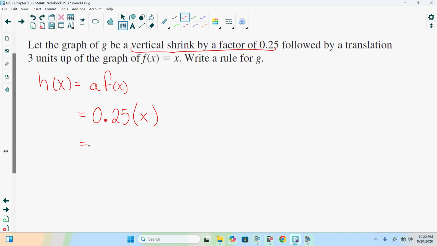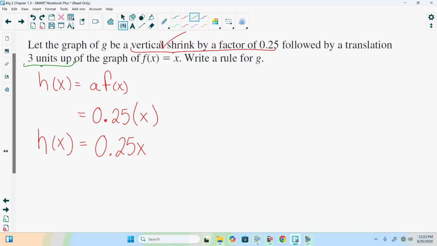So we have 0.25 times x, which would be 0.25x. So that takes care of the first function.